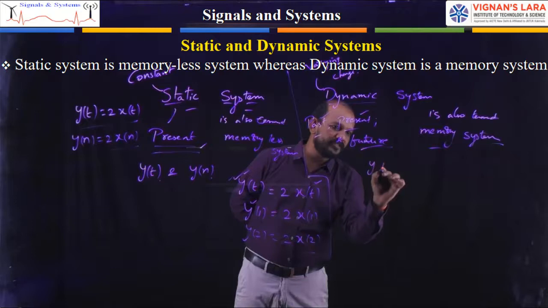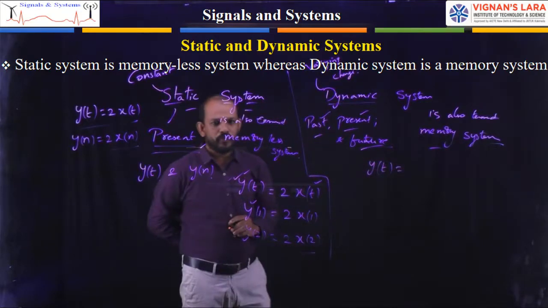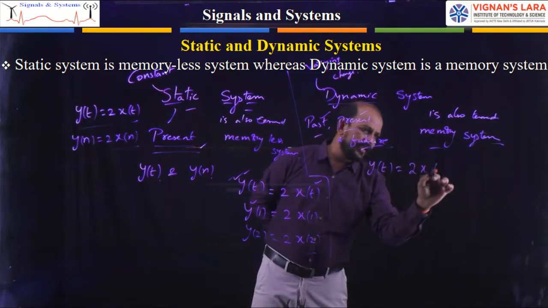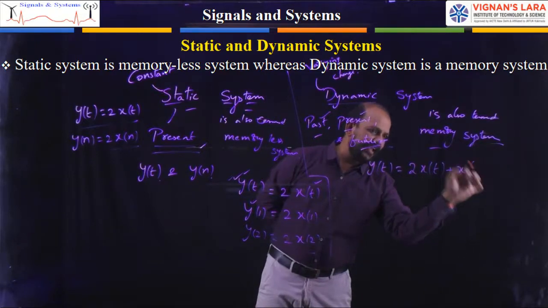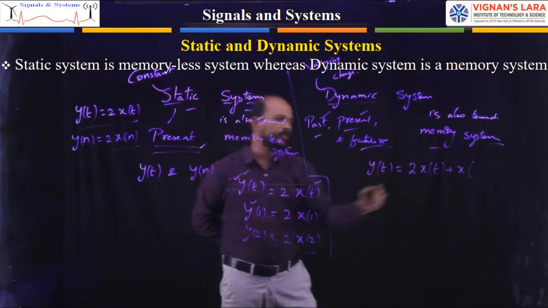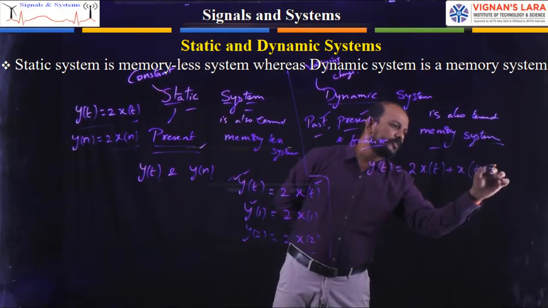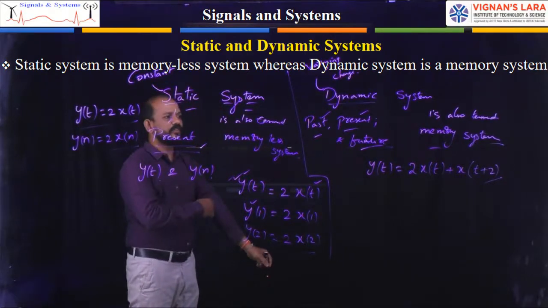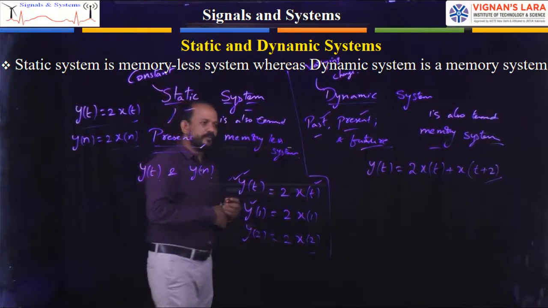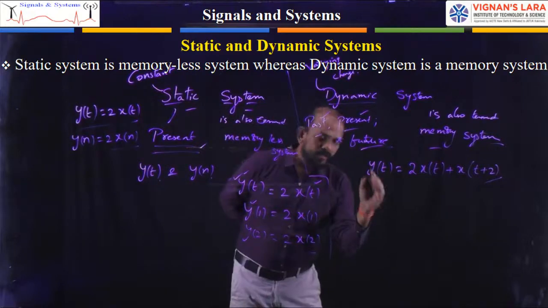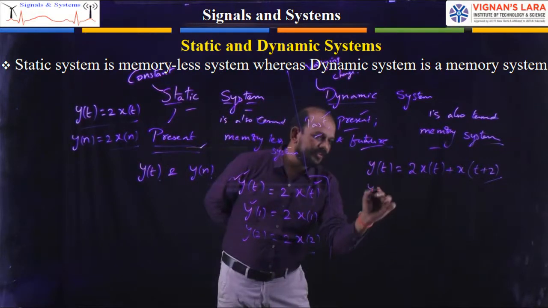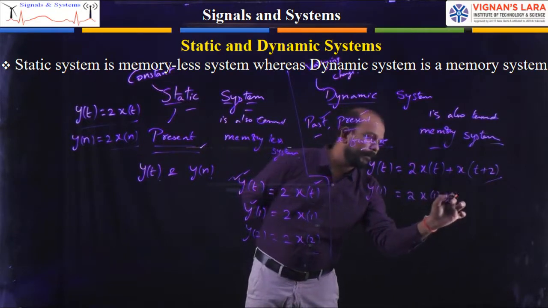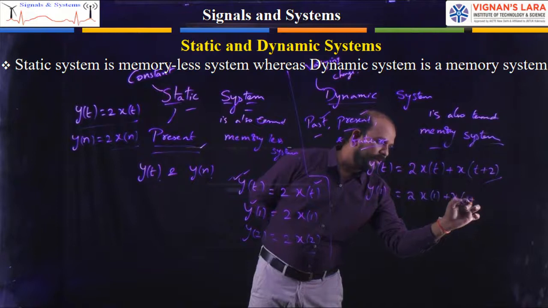See the example as y of t equal to 2 into x of t plus x of t plus 2. So this is the equation they have given. Now, at t equal to 1 second, y of 1 equal to 2 into x of 1 plus x of 1 plus 2.